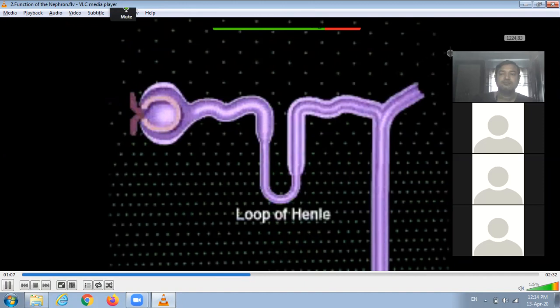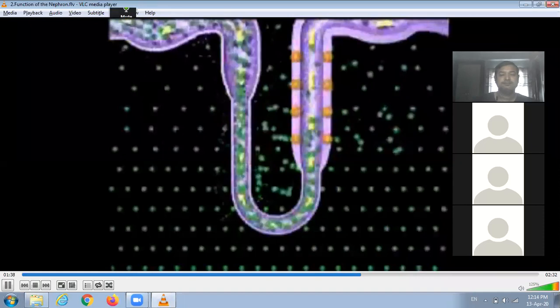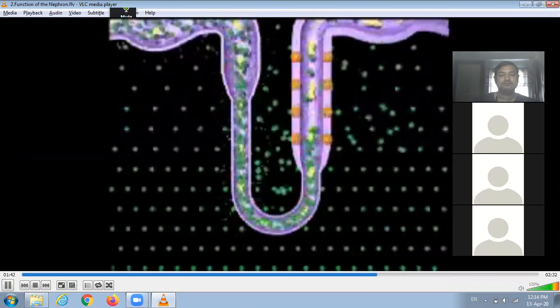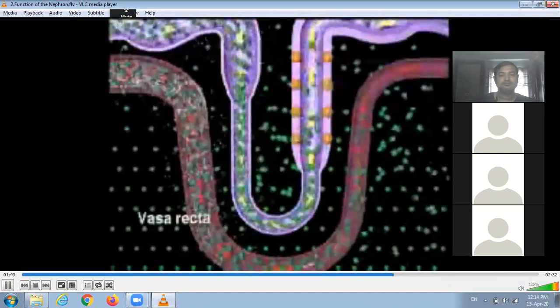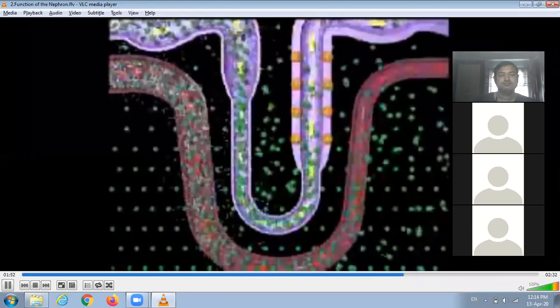A countercurrent multiplier system functions to allow water only to leave the filtrate by osmosis during loop descent, and salt only to leave the filtrate by active transport during loop ascent. This creates an osmotic gradient in medulla interstitial fluid. This is necessary to produce concentrated urine. A capillary system, vasa recta, parallels the loop of Henle and participates in salt gradient formation and maintenance.